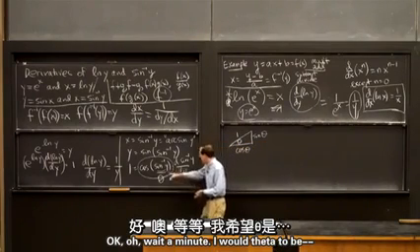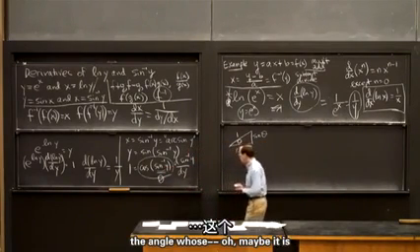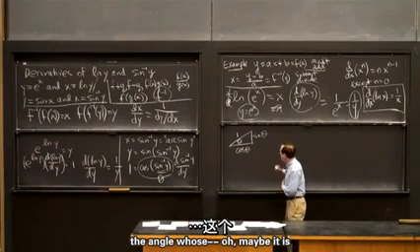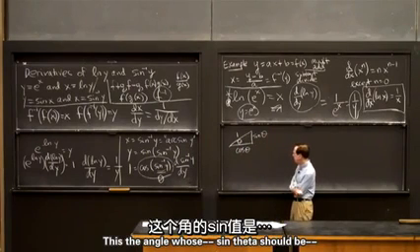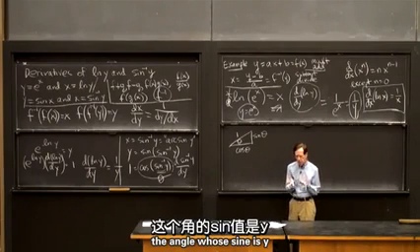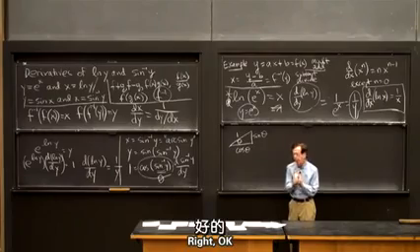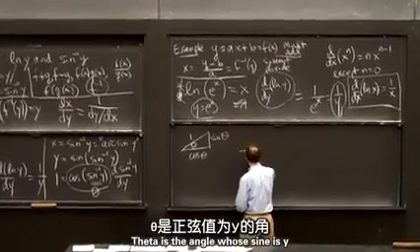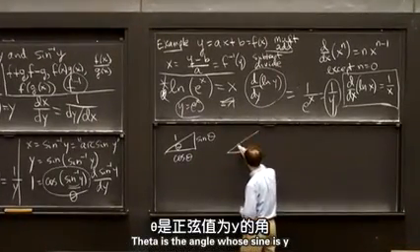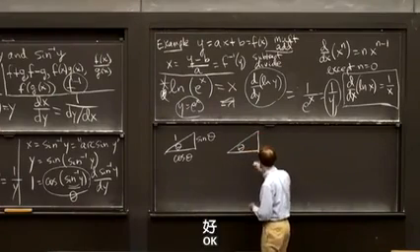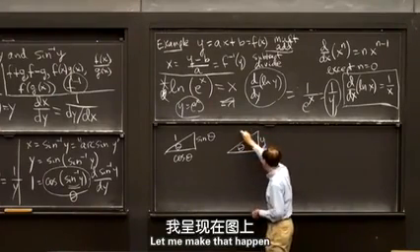I would love theta to be the angle whose, oh, maybe it is. Theta should be the angle whose sine is y. Right. Okay. The angle theta is the angle whose sine is y. Okay. Let me make that happen.